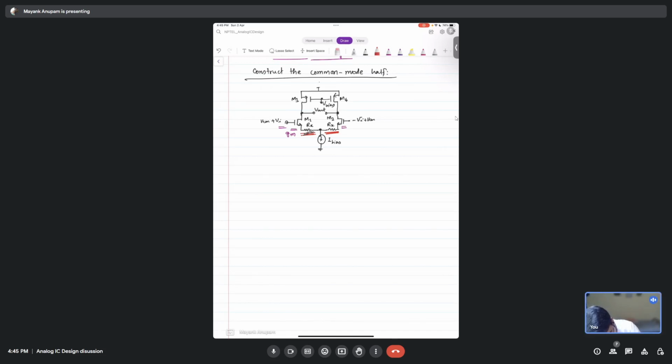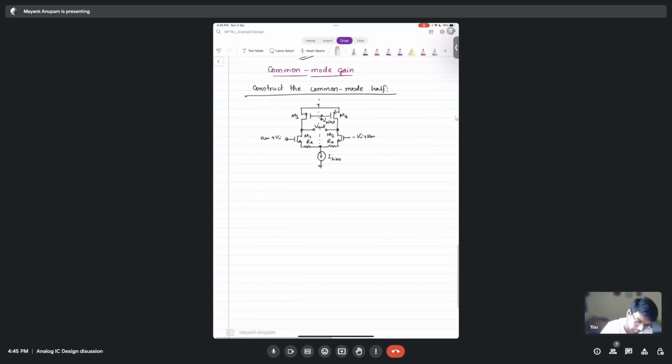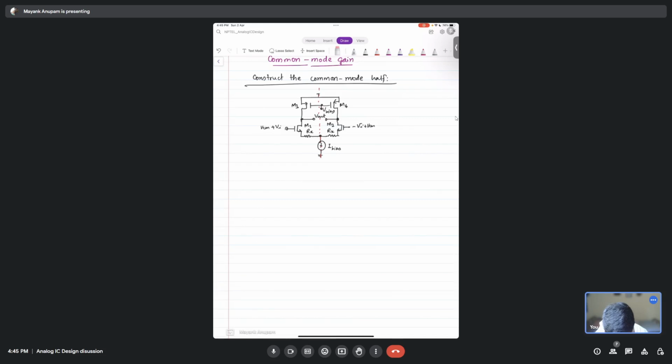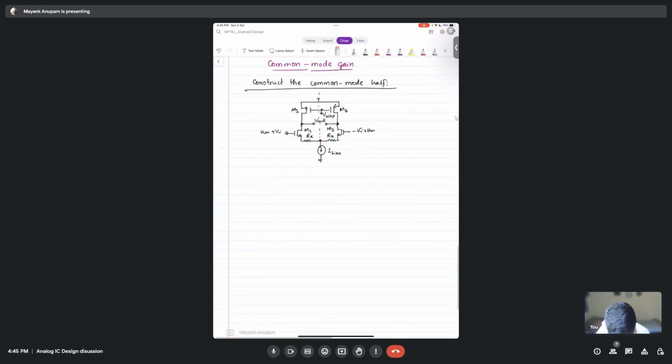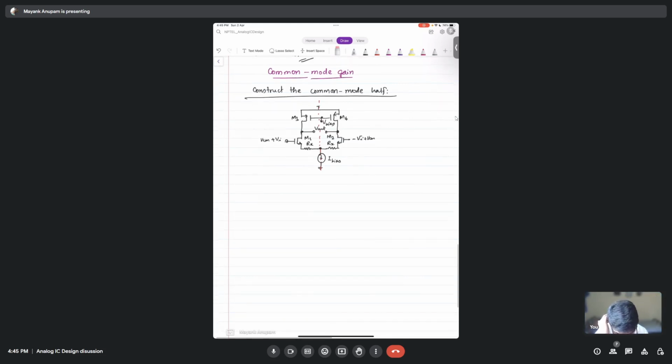So we construct a mirror here, a mirroring line here. Okay. Tell me what the common mode equivalent should be. I have constructed a mirror here now. Tell me what I should do now. Yes, sir. M3, M1, Rx, grounded, sir. VA is the input for M1.